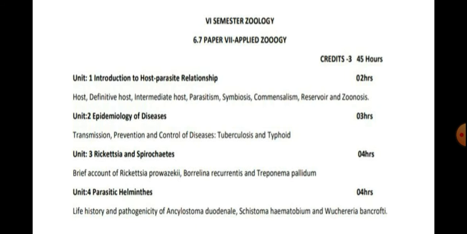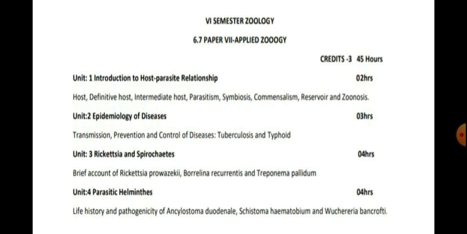Then rickettsia and spirochetes. This is unit 3, which is for 4 hours. So what are rickettsia and spirochetes? These are 2 different types of bacteria which live on organisms, and which cause severe diseases, and some cause less severe diseases to human beings. What is rickettsia? Rickettsia is a gram-negative bacteria found in ticks, lice, fleas, mites and some of the mammals.